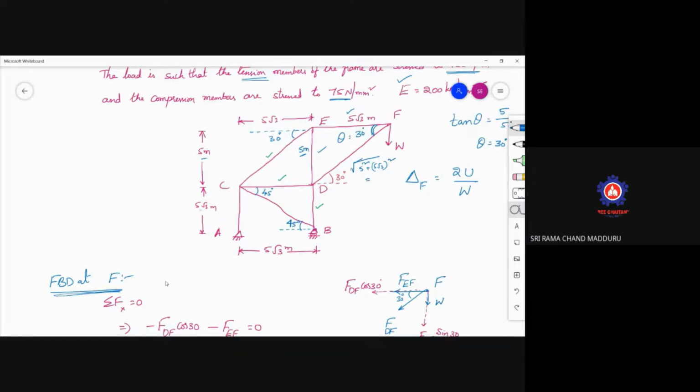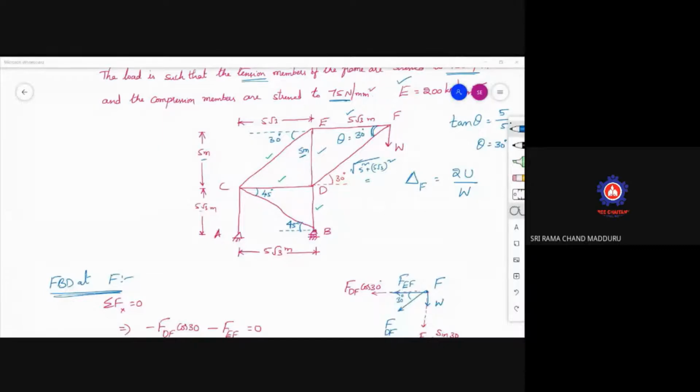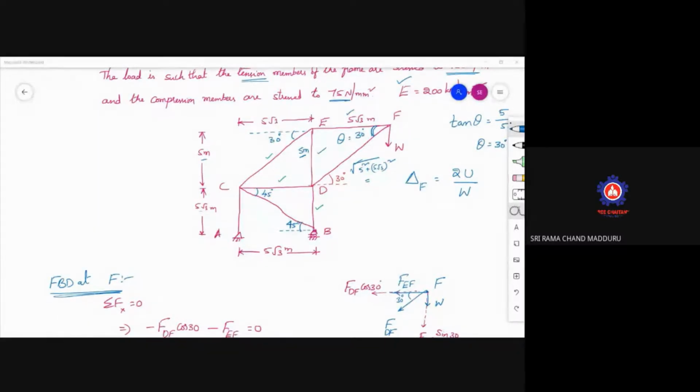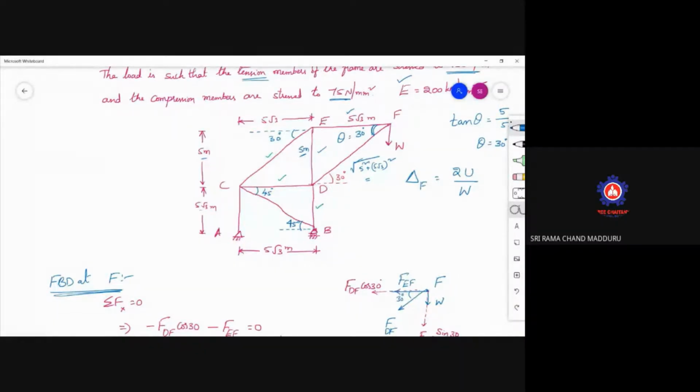So this is 10 meters. Now you know that 5 root 3 is nothing but 1.732 into 5, around 8.660 meters.